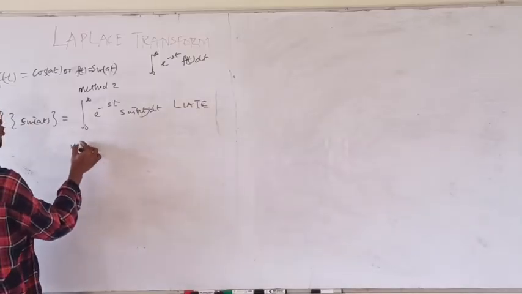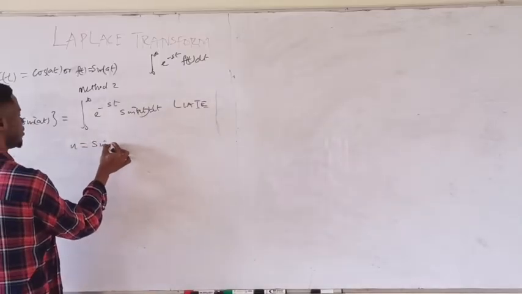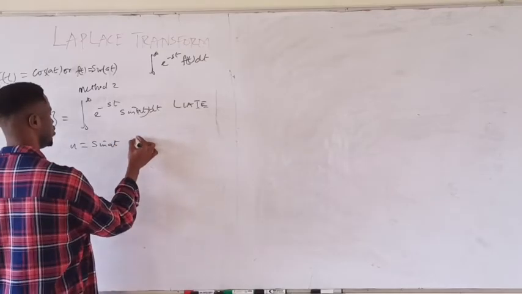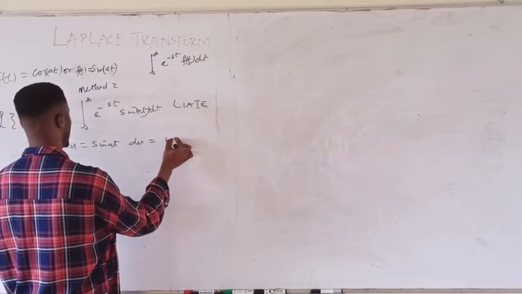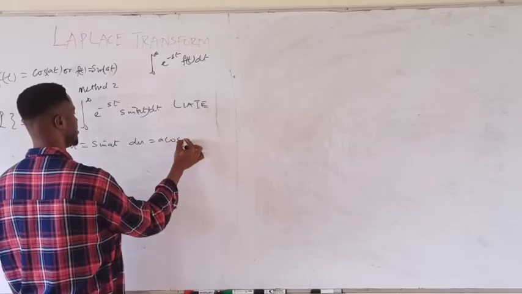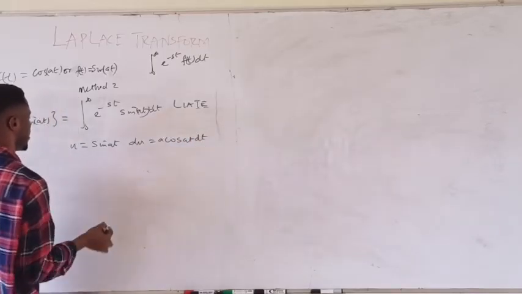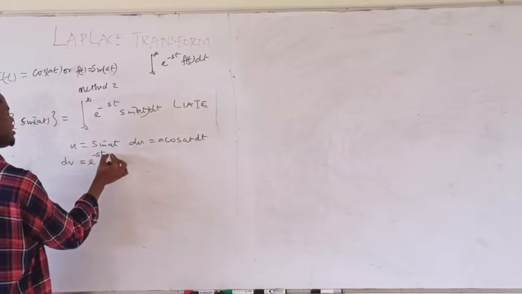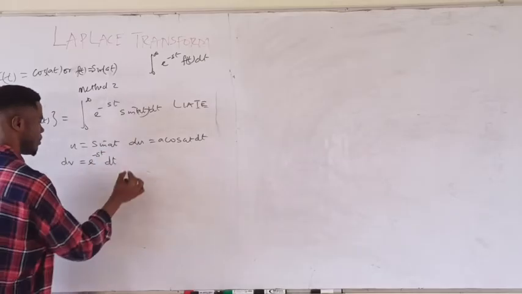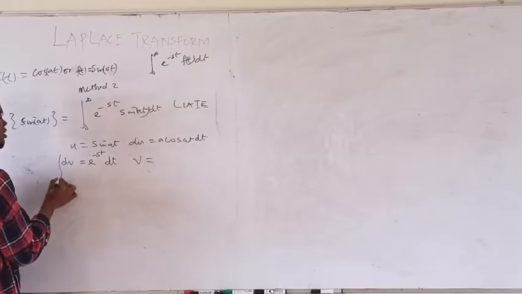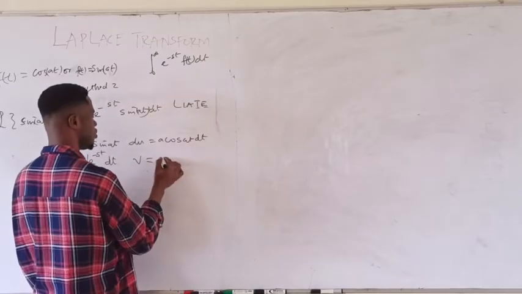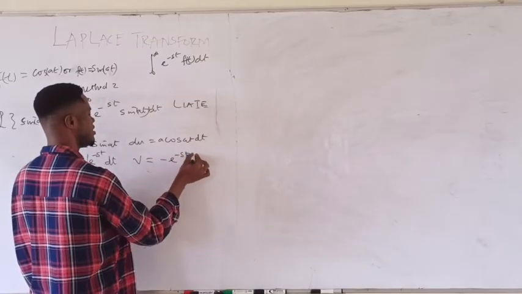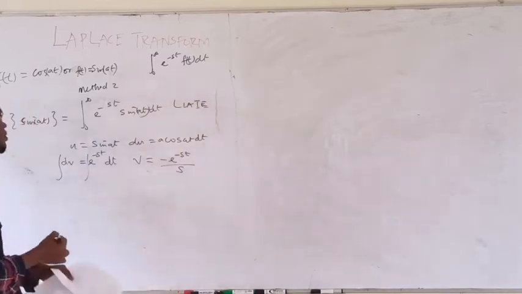That is to say my u will be equal to sin AT and my du will be equal to a cos AT dt. My dv will be equal to exponential of minus st dt, and my v, integrating both sides, will be equal to minus exponential of minus st over s. So this is what I have.